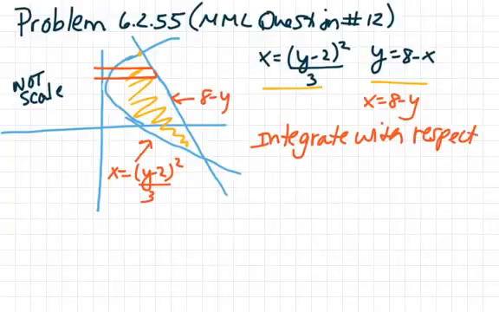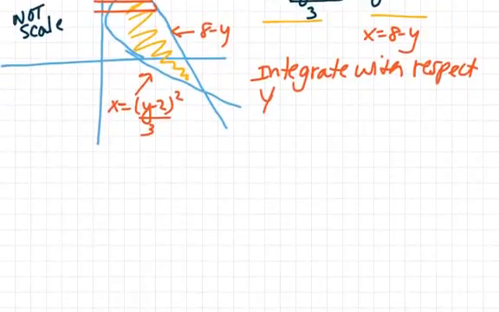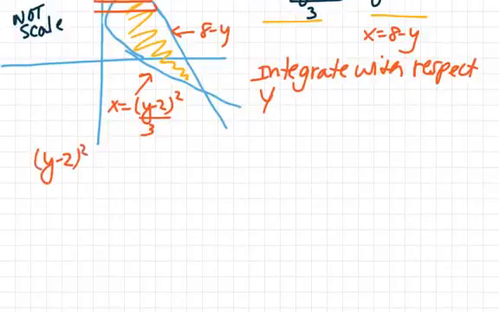Okay, so you need to solve for the limits of integration. You can use your calculator, or I generally just do them algebraically, and it's probably good practice for your algebra. So (y minus 2) squared over 3 has to equal 8 minus y.